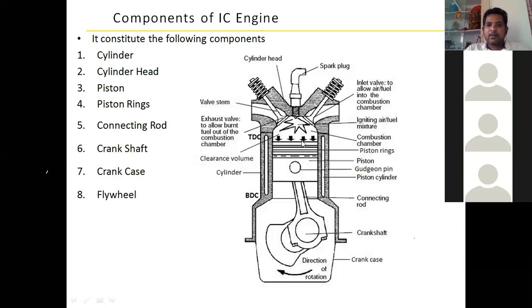This is the reciprocating motion of the piston within the cylinder, which is converted into rotary motion. This conversion from reciprocating to rotary motion takes place with the help of the crankshaft. The crankshaft is a cylindrical shaft.